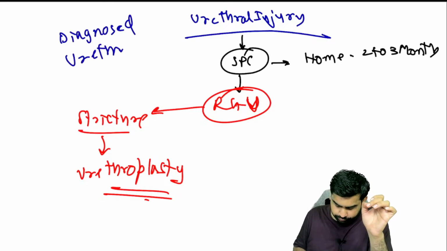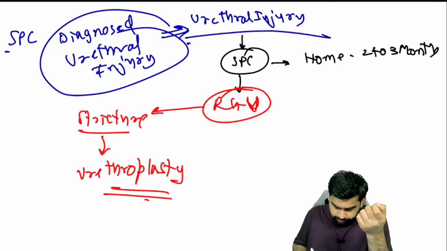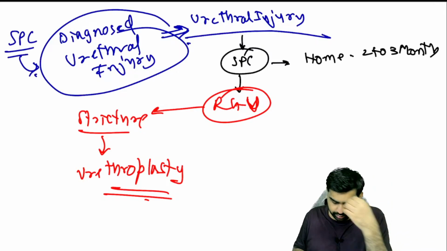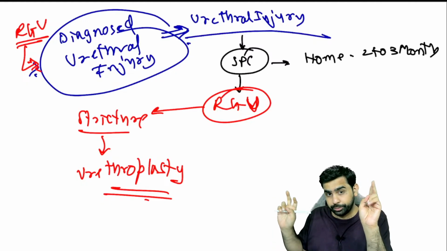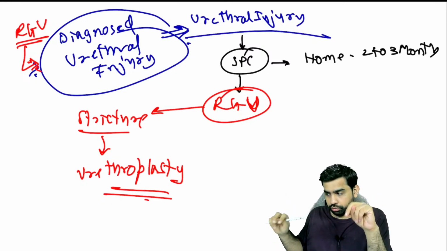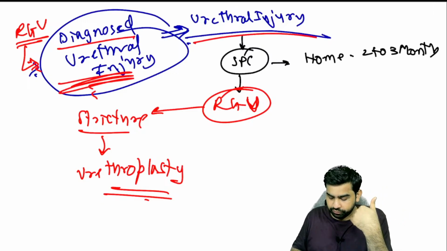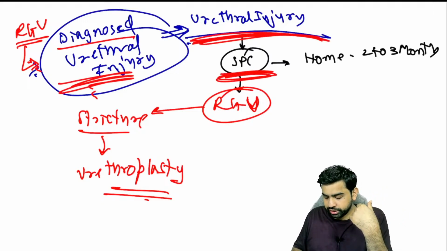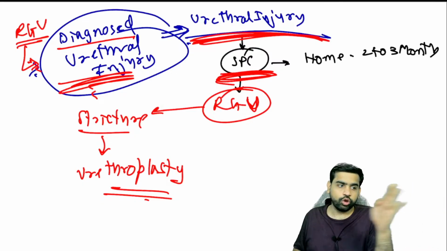In order to diagnose patients with a urethral injury, you have to perform an RGU. First the patient is going to come with a suspicion of a urethral injury. Now you did an RGU. In RGU, you were able to diagnose the urethral injury. And once you have diagnosed the urethral injury, now you put an SPC. So there's no difference. This is a continuation of the management.